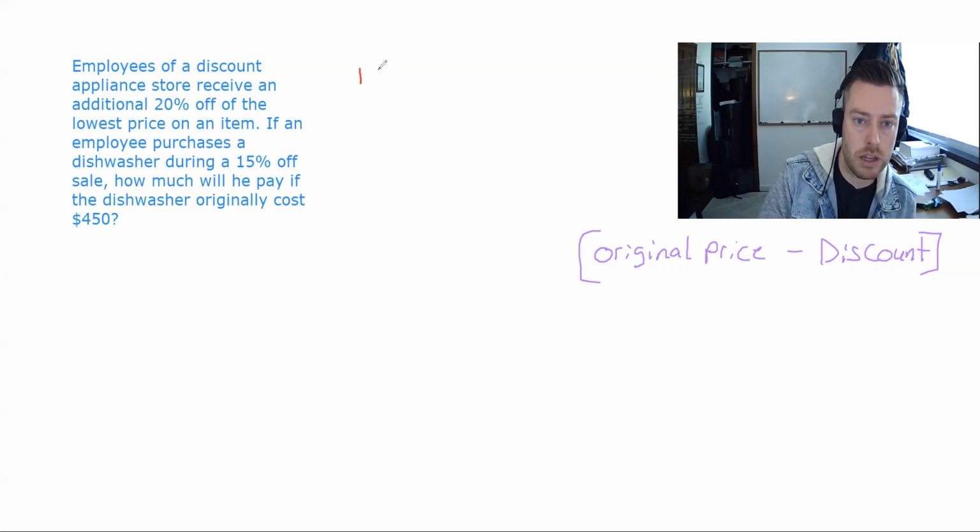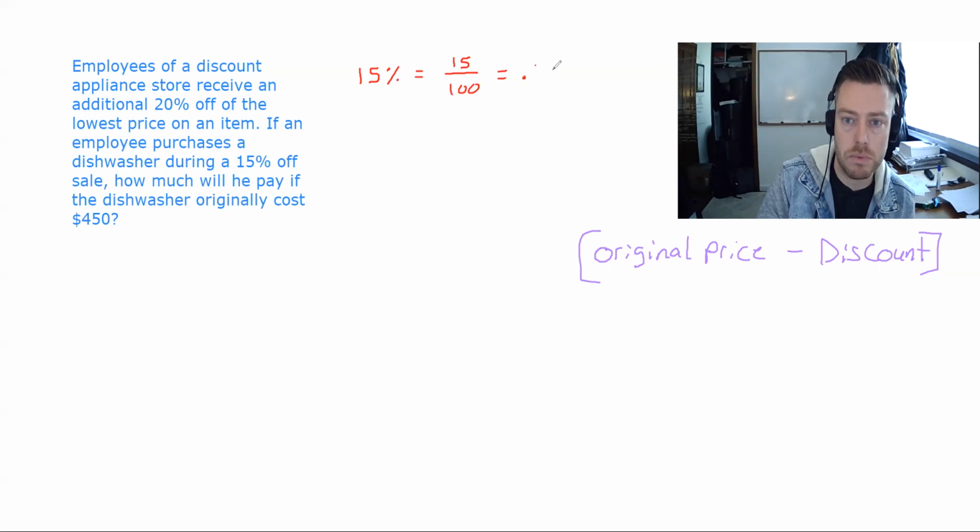So let's go and let's just do our percentages right off. So 15%, if we're going to turn that into a decimal, we're going to have 15 divided by 100. And I already know that off the top of my head, which is just 0.15, right? I could leave it as a fraction like that, or turn it into a decimal, whatever you want.